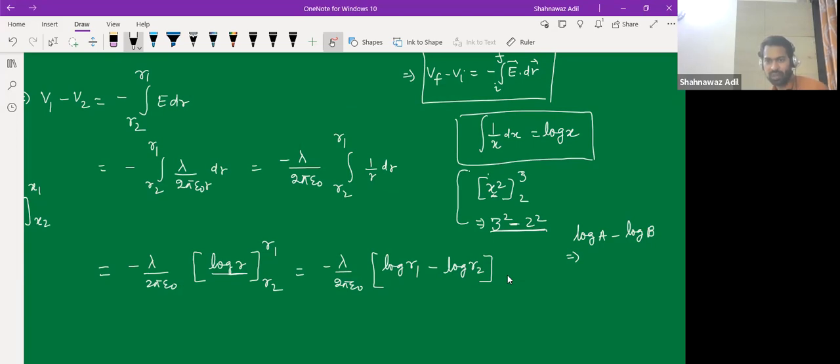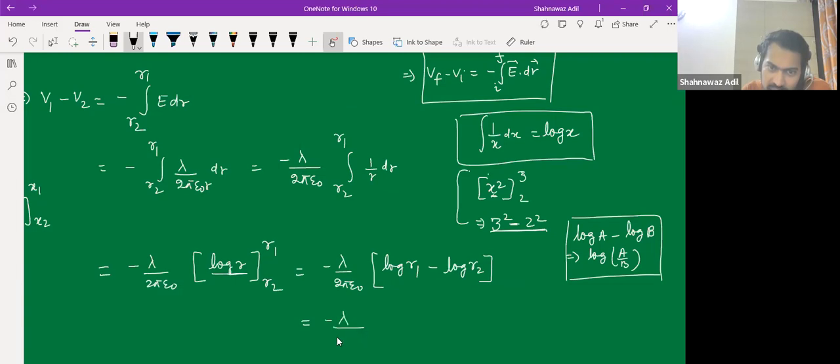Yes, log of A by B. Good, this is a property of log. So this is minus lambda by 2 pi epsilon naught and log of R1 by R2. Good.